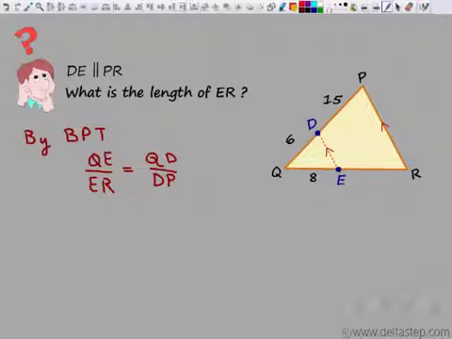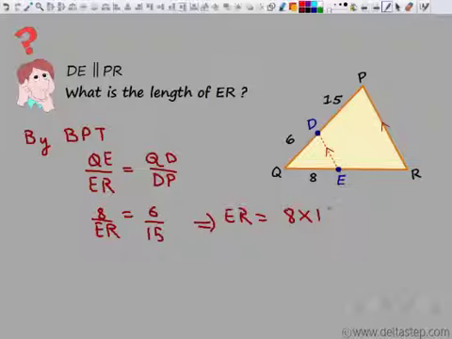Now let's substitute the values here. QE is 8. ER I don't know, that is what I need to find. QD is 6. And DP is 15. So from here, cross multiplying, I can say that ER would be equal to 8 into 15 by 6.